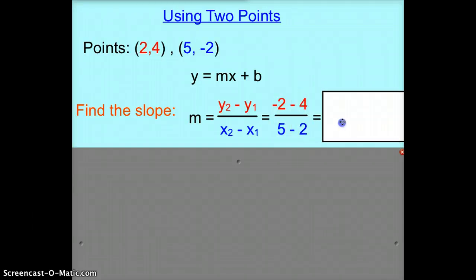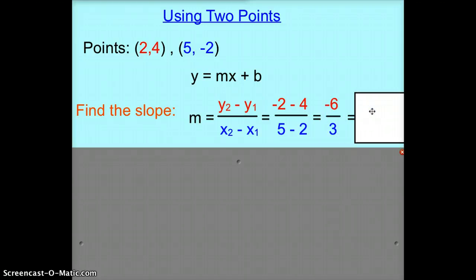So we've got -2 minus 4 over 5 minus 2. When we simplify, we get -6 over 3, which simplifies to -2. So our slope is -2.